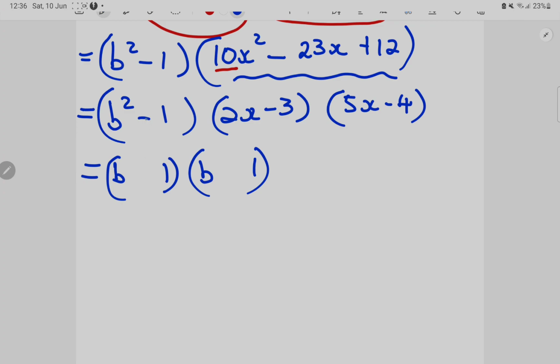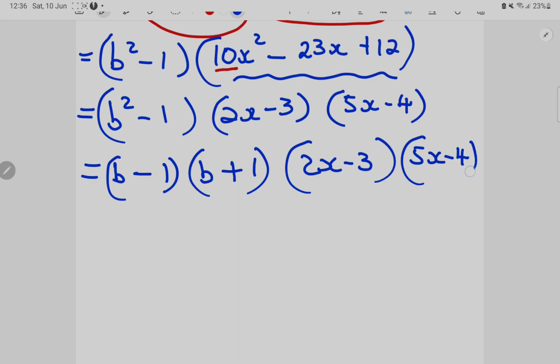Because it's a negative 1, one sign is going to be negative and the other sign is going to be positive. Then into 2x minus 3 into 5x minus 4.